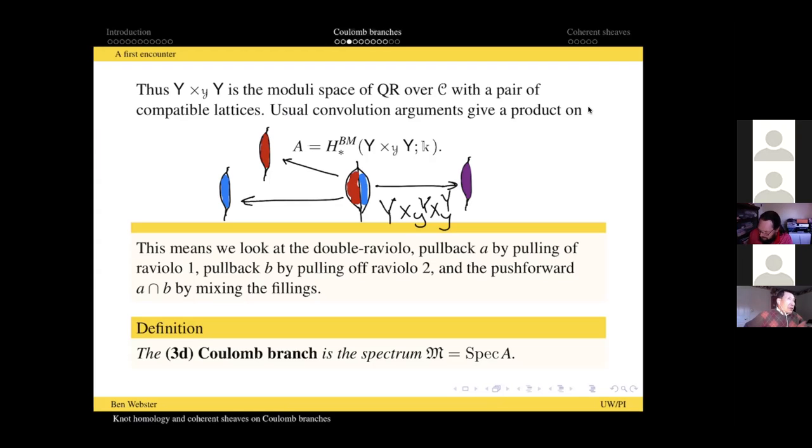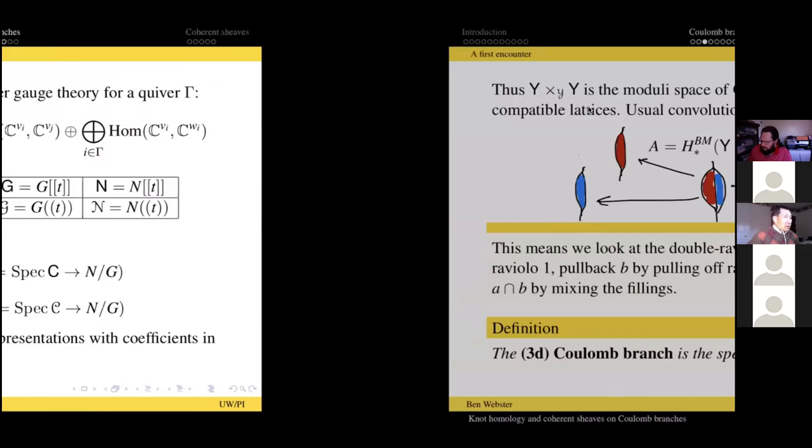So here in this slide, the algebra structure on A, on the Borel-Moore homology, the product is a convolution. But in the earlier slides, you have the equivariant homology. So what is the multiplication structure on that?